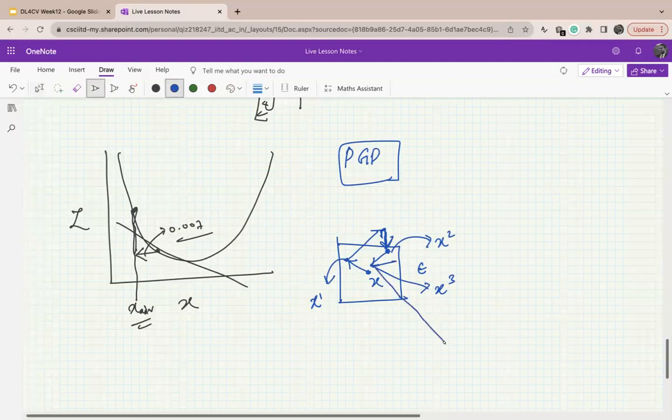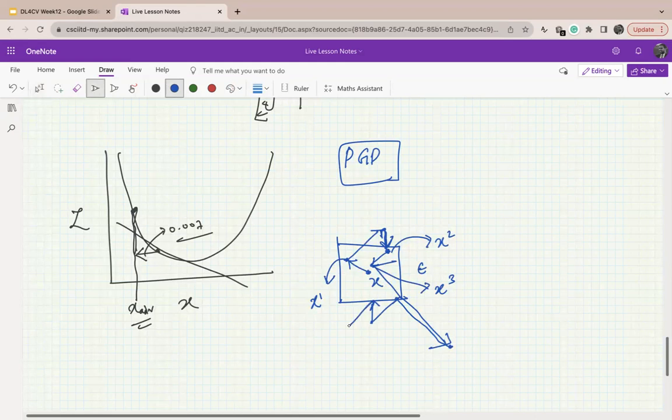Then you are again moving like this, let's say here. Now you have to project yourself back perpendicular to the box, in this direction. And similarly, whenever you go out, just perpendicularly go back to your box.